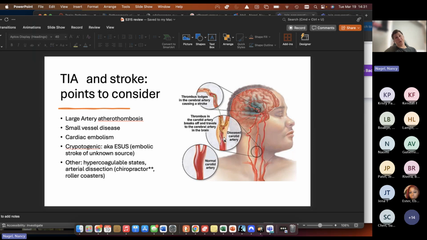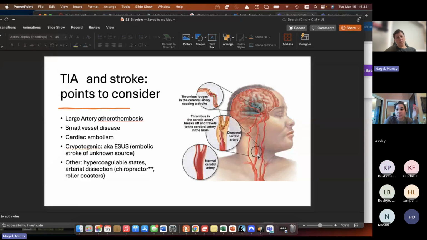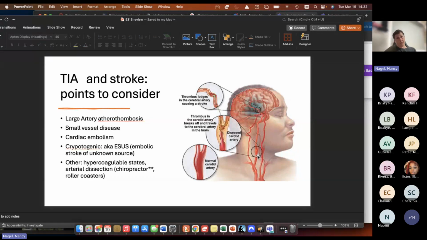And when that plaque disrupts for whatever reason, that causes a cascade of platelets and fibrin to go to that area and form a clot as a normal pathway for repair. But what often happens is that breaks loose. So if you have an area that you have a clot in that is stationary, that's a thrombus, right? Well, once that clot breaks loose, that becomes an embolus. And so that travels downstream.